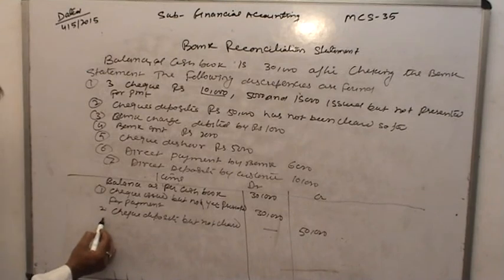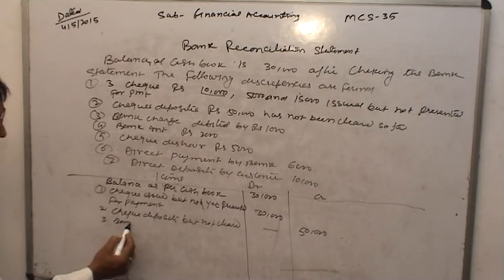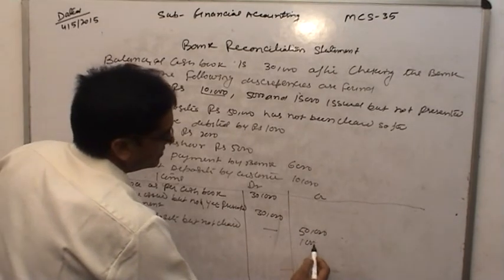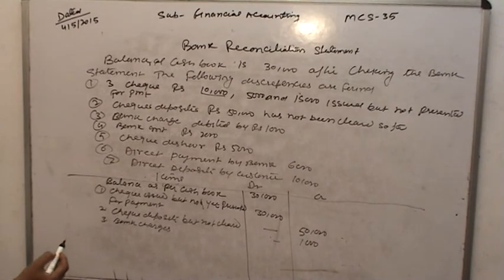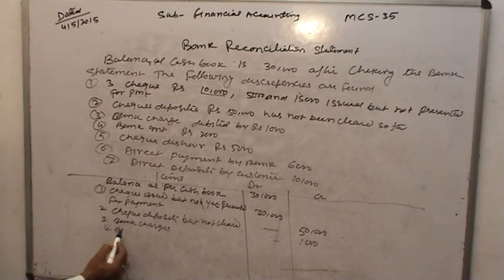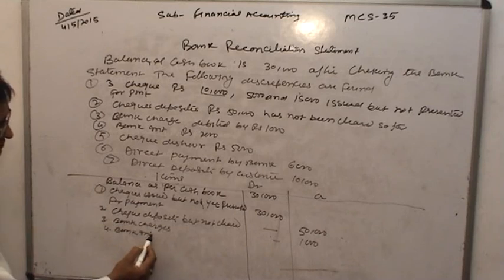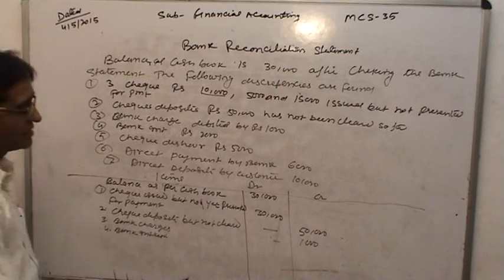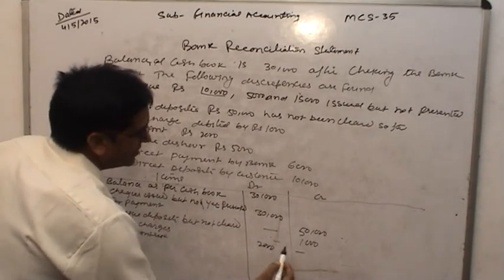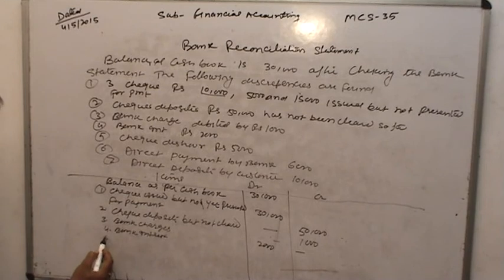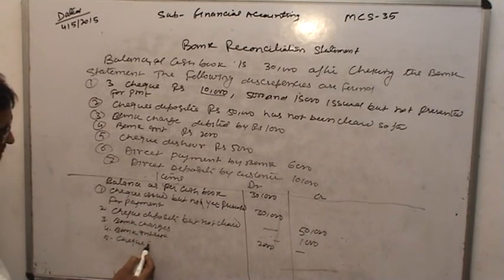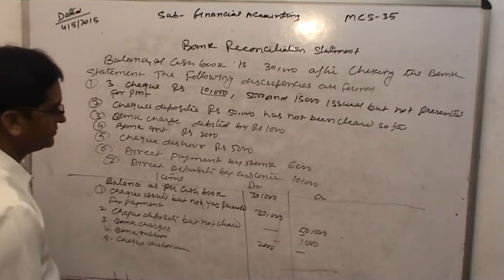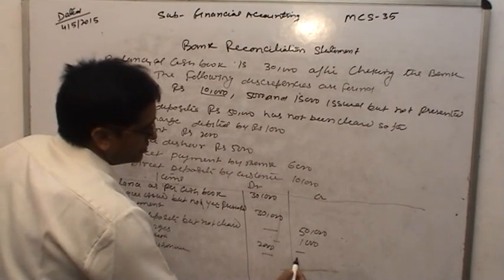Then bank charges, 1,000 in credit. Then bank interest, 2,000 in debit. And then check dishonor, 5,000 in credit.